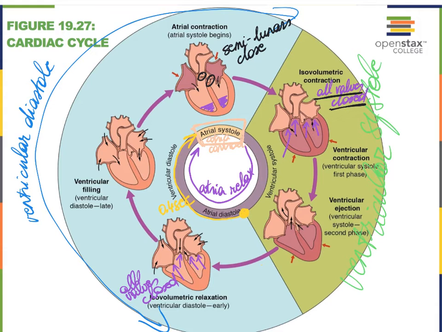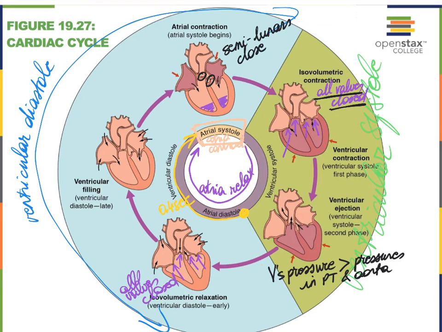Well, the pressure in the ventricles, I'll put the V pressure, which is the ventricles pressure, is going to have to exceed the pressure in the aorta and the pressure in the pulmonary trunk. If not, the blood will stay within the ventricles. It's not going to be able to go anywhere.